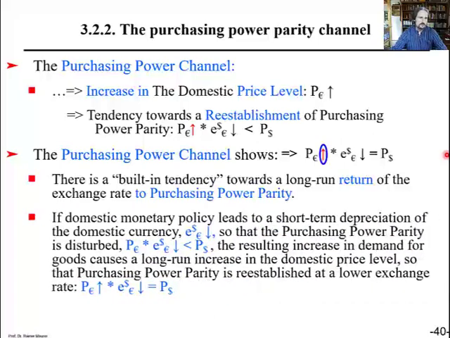If domestic monetary policy leads to short-term depreciation of the domestic currency, the purchasing power parity relationship is disturbed, and this results in an increase in demand for domestic goods, which causes a long-run increase in the domestic price level, so that the purchasing power parity relationship finally is re-established again, however, at a lower exchange rate and a higher price level.